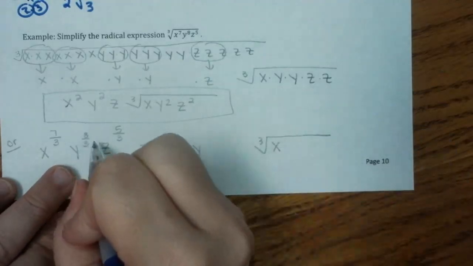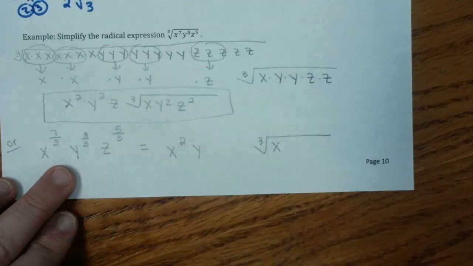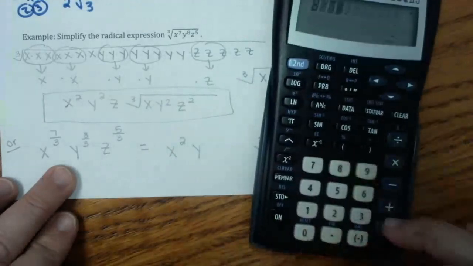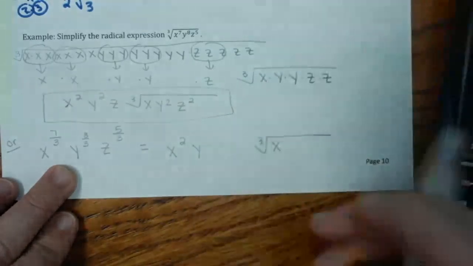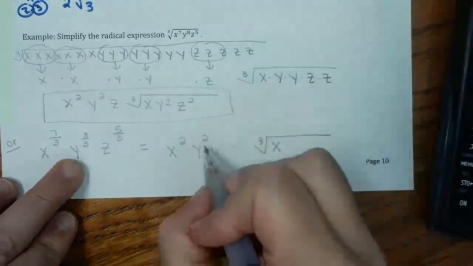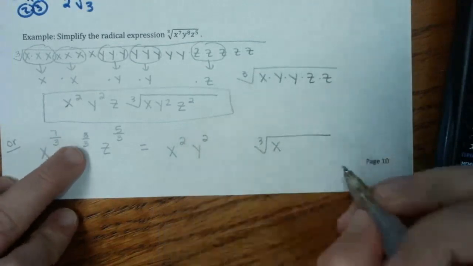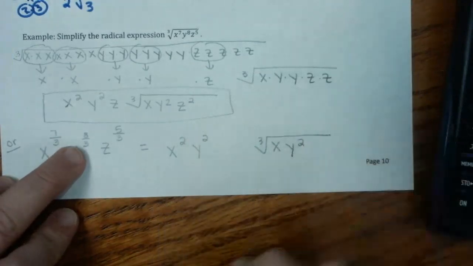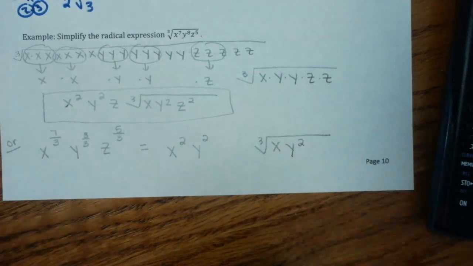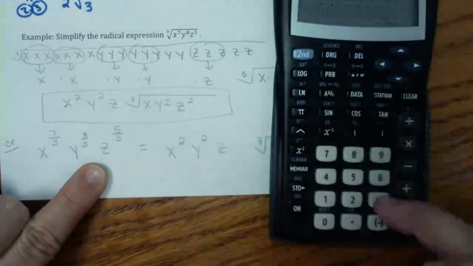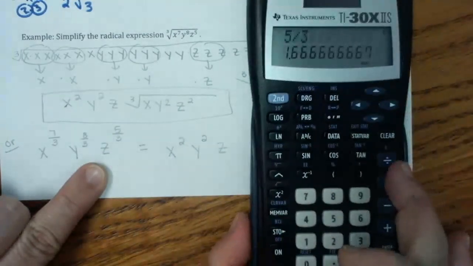For my y's, I have 8. I'm taking out groups of 3. So 8 divided by 3 would give me 2 point something. So that means 2 groups are coming out evenly. 2 groups of 3 would give us 6. So 6 out of the 8, that means 2 are left over. So y squared. Lastly, for my z's, if I have 5 and I'm taking out groups of 3, that means 1 point something.